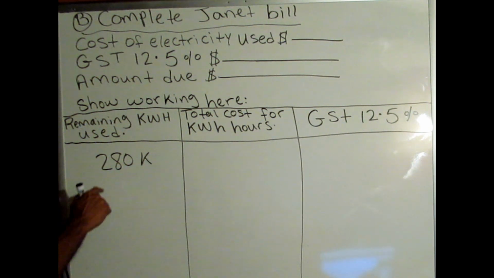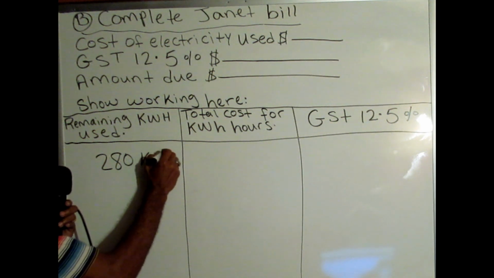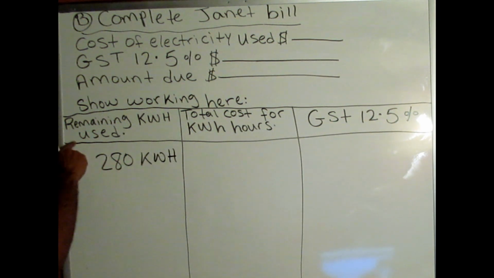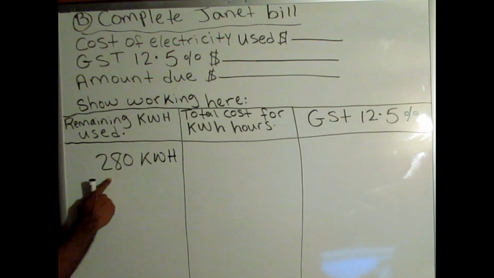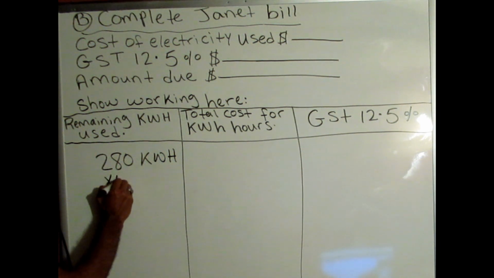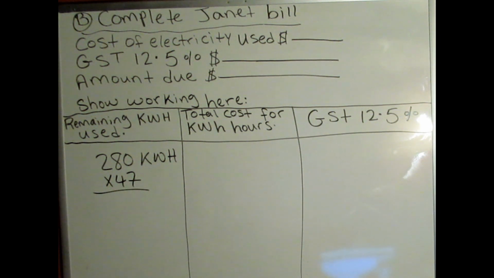And that gave us a remaining 280 kilowatt hours. So in order for us to find the remaining kilowatt hour cost, we need to multiply it by 47 cents. If we go back to the box, for the remaining amount of kilowatts, it's 280 kilowatts, and it's 47 cents for every kilowatt. So we need to multiply that.